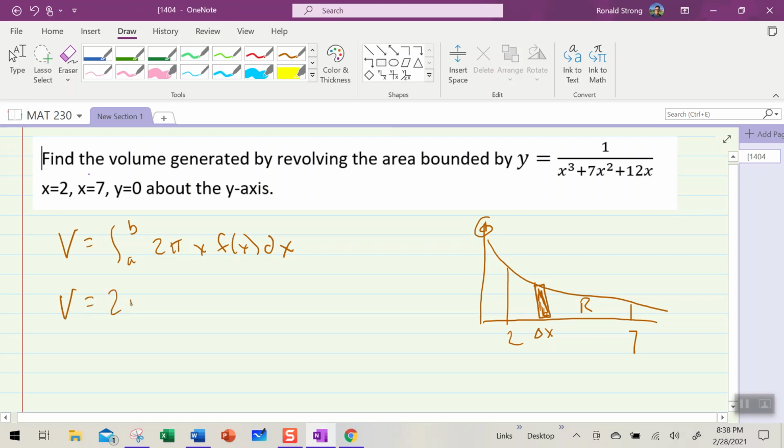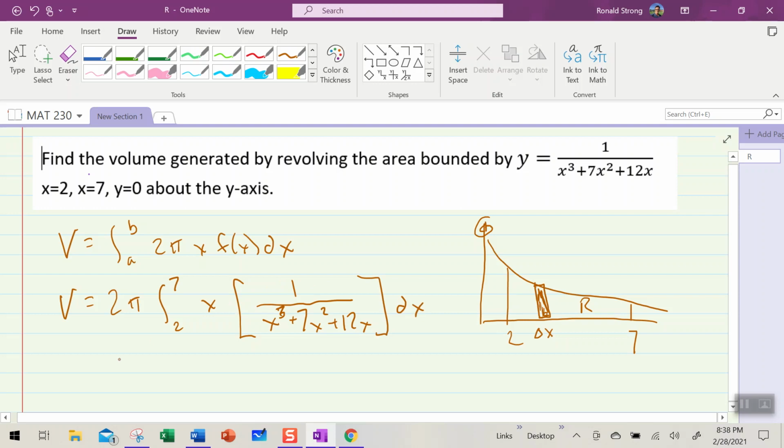Therefore, volume is 2 pi times the integral from 2 to 7 of x times 1 over x cubed times 7x squared plus 12x dx.